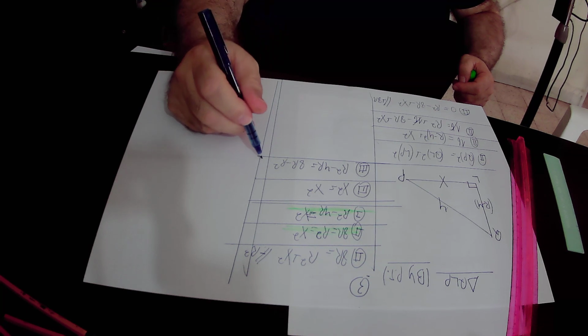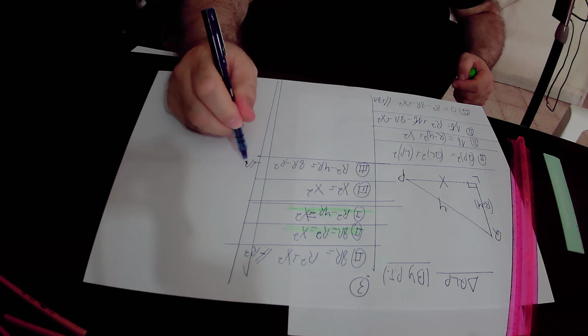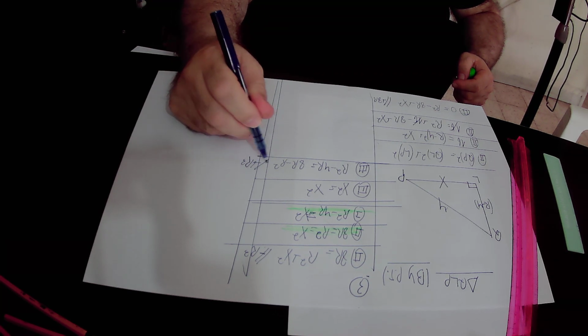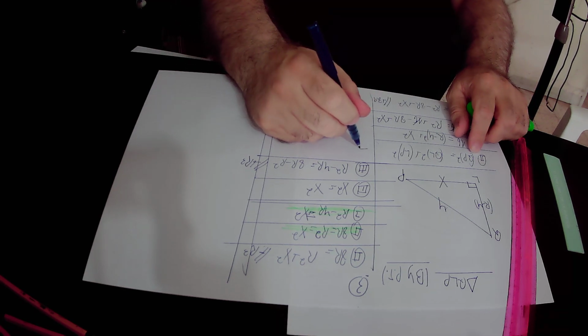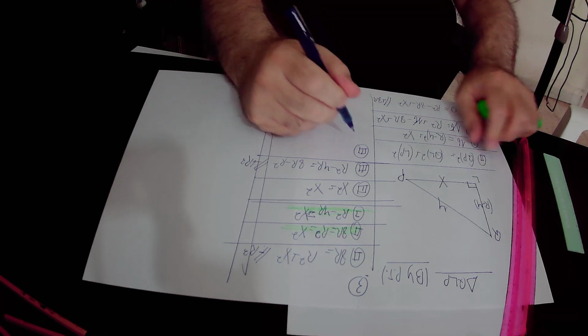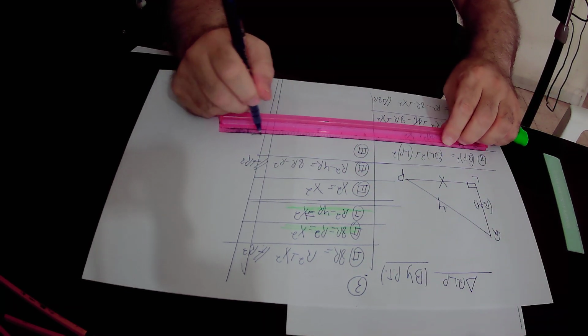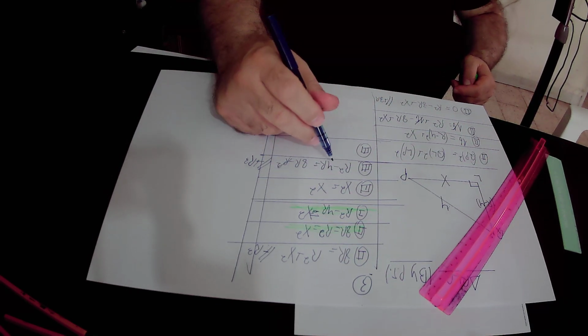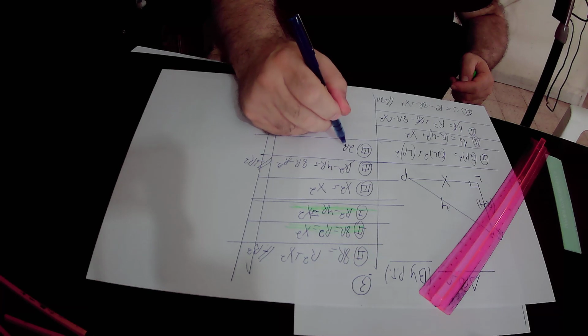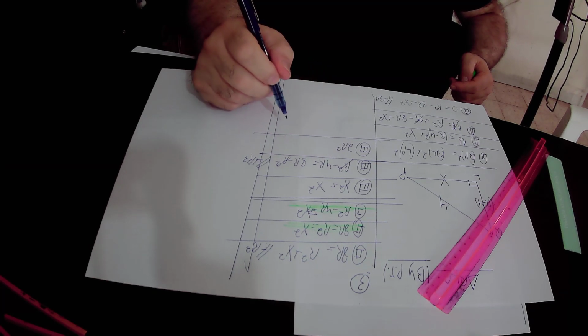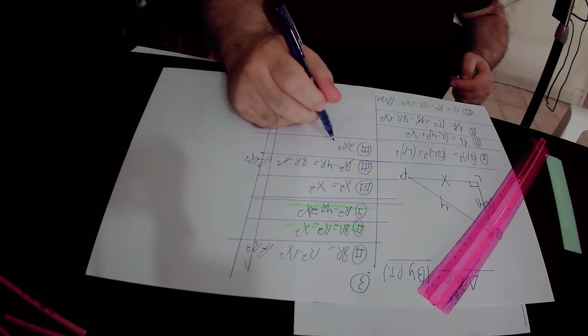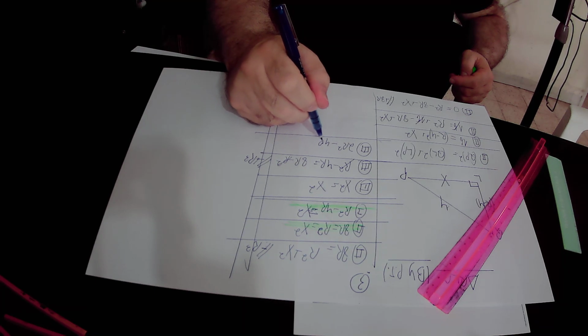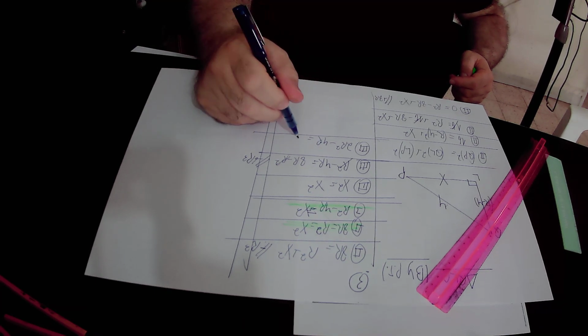Here we will add R square to equation number 3, and we get that according to equation number 3, R square plus R square is 2R square, minus 4R equals 8R.